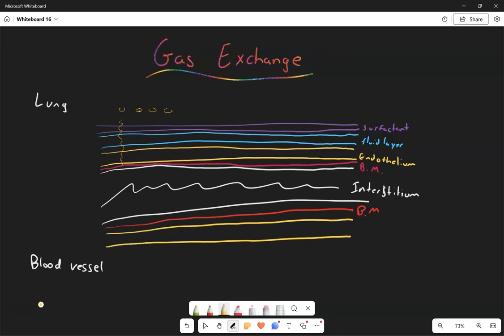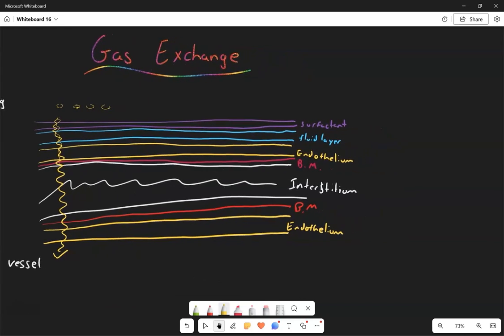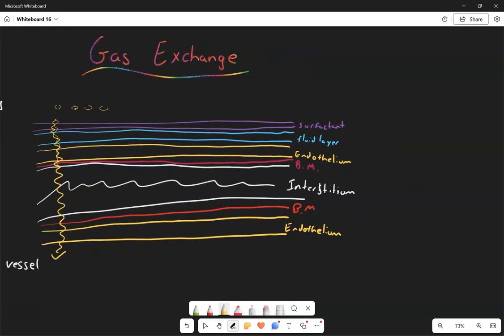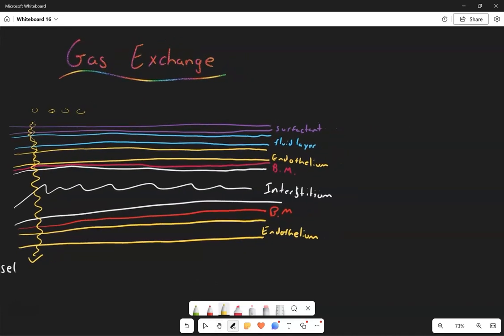So here is our endothelium of the blood vessel. And then what we have is our blood vessel space. So that oxygen has to diffuse all the way through that layer, and that is about 1 micrometer thick. But that's still a good distance to diffuse.